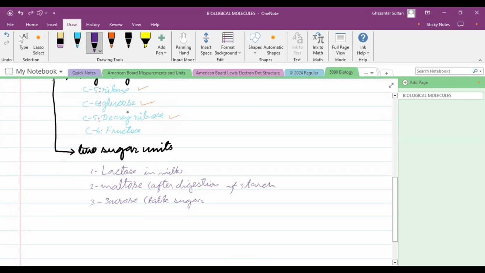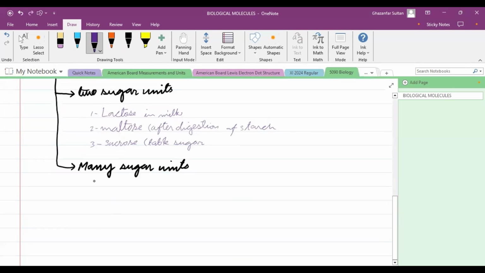Another class of carbohydrate comprises many sugar units, and many means thousands of sugar units. The common examples: number one is starch, which is composed of a large number of glucose units.